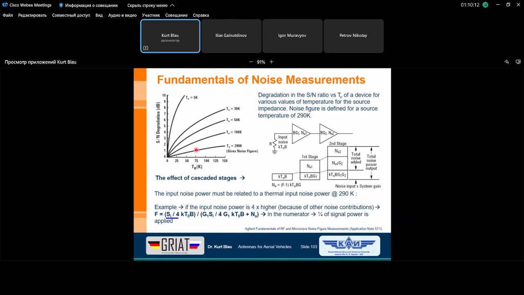If our reference temperature is smaller, the degradation must be higher, it's clear.